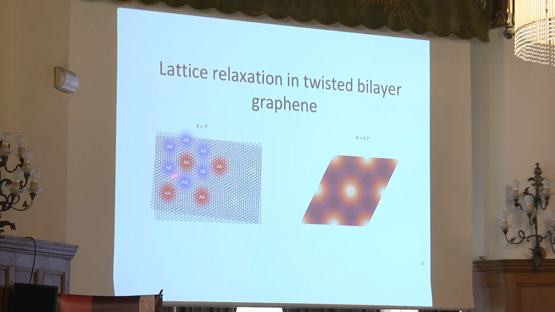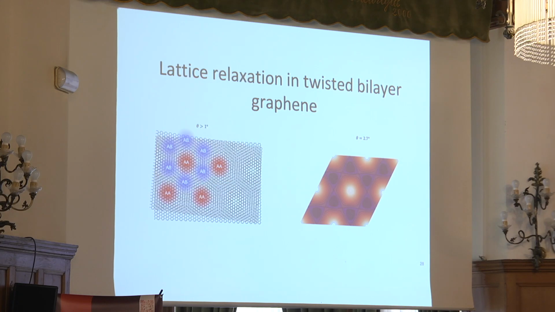That means that actually this beautiful periodic structure that you see in PowerPoint is not a reality. The reality is that because the system wants to minimize energy, it's going to minimize the AA region, which is energetically less favorable.